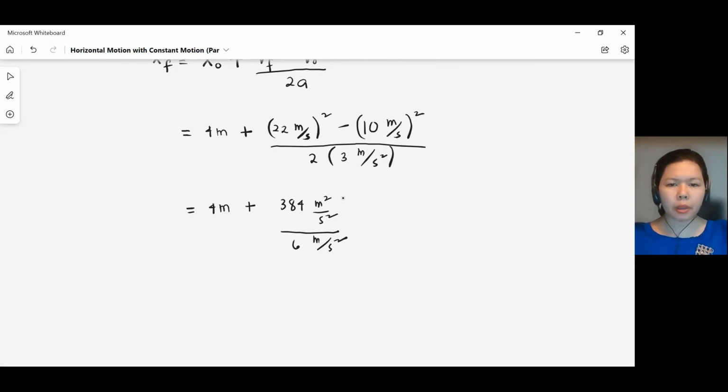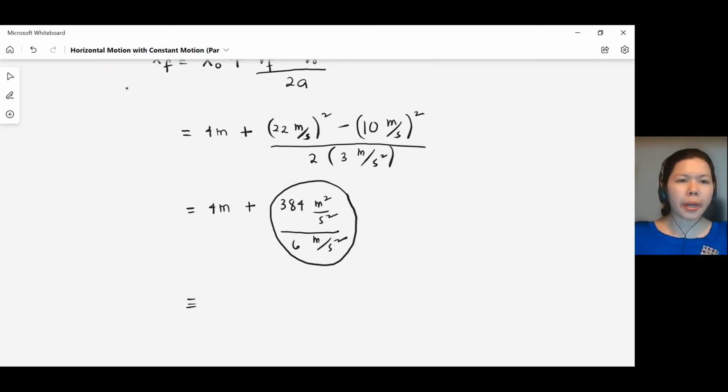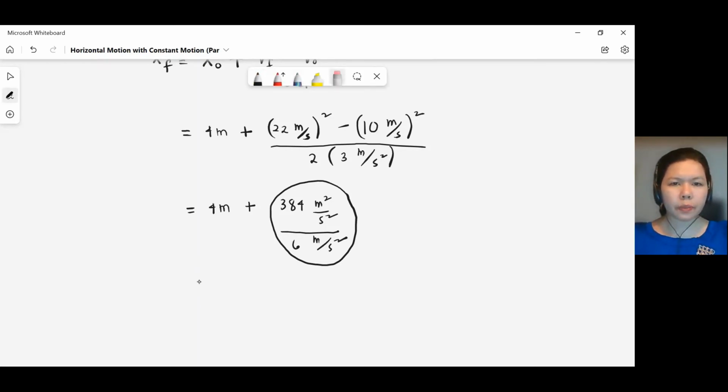Now we simplify the second term. We are expected to get meters so that we can combine the two terms. So I'll copy first the 4 meters plus, let's work out the units.